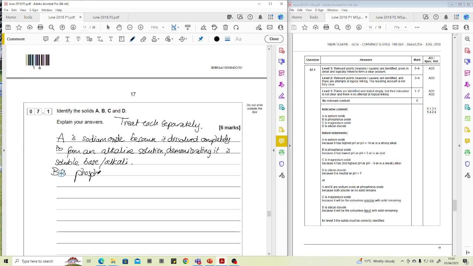Give the full name of each chemical to get into level 3. Because it is soluble, it dissolved, but formed an acidic solution.